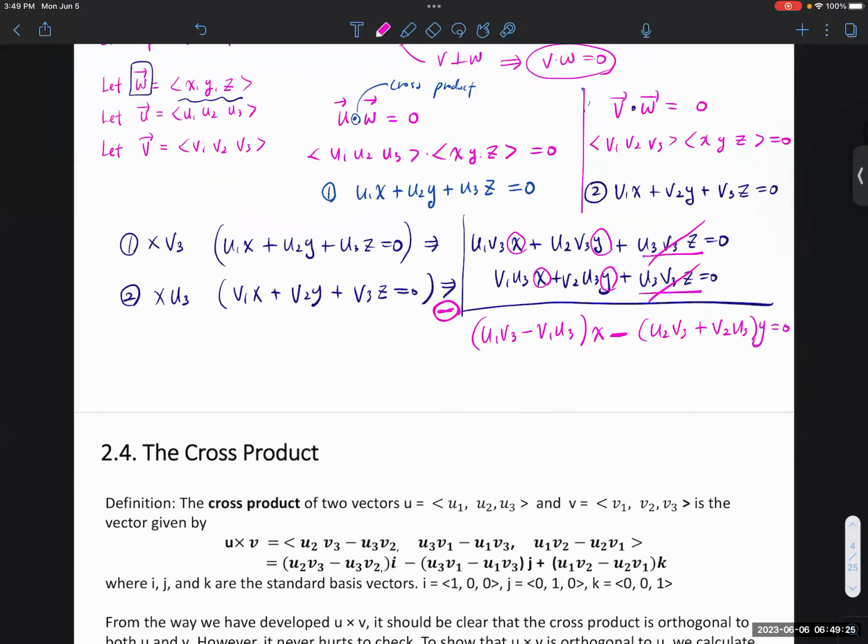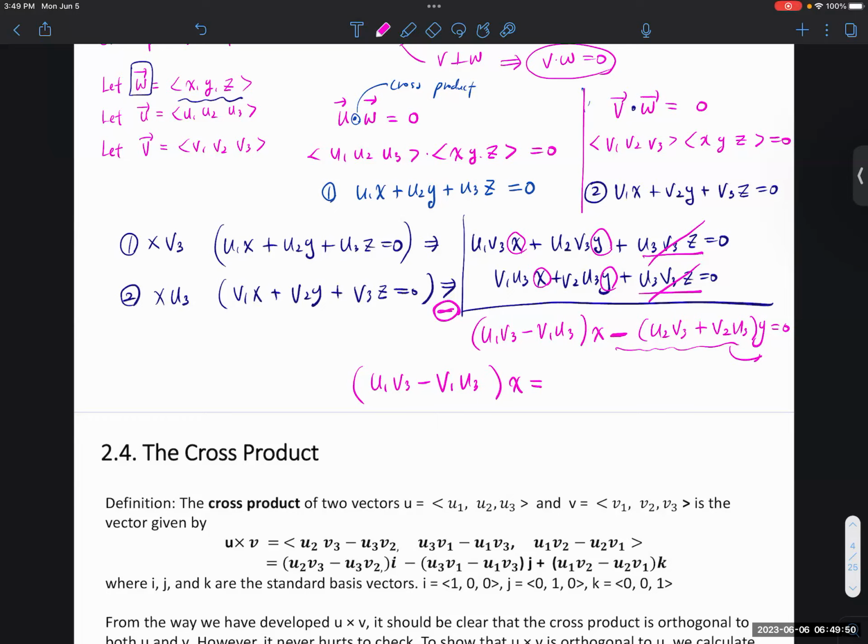And then if I move this part to the other side, so basically U1 V3 minus V1 U3, it is equal to what? So there's X. This left side equals, if I move to the other side, what do you guys think? Let me just double check.